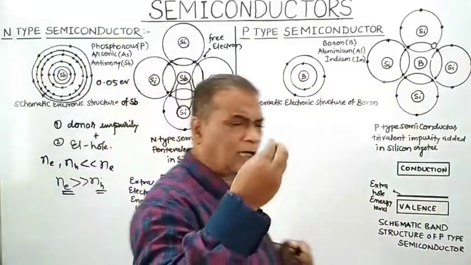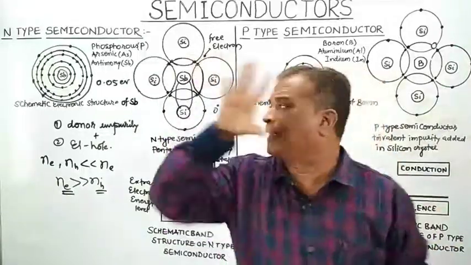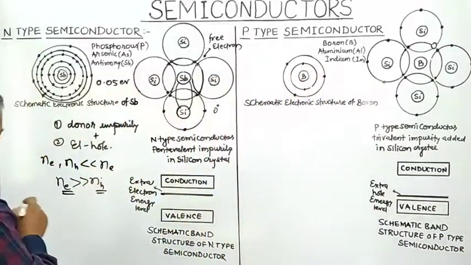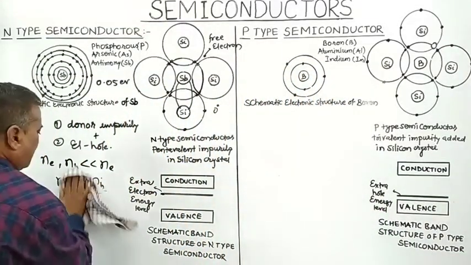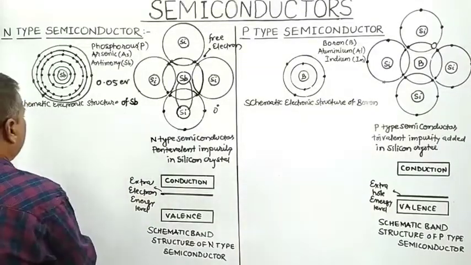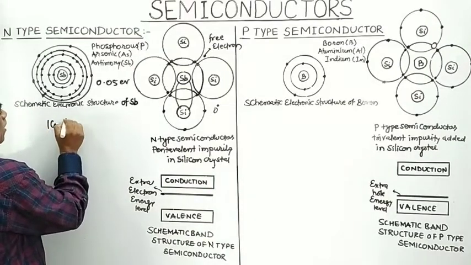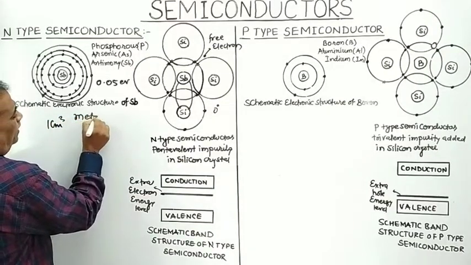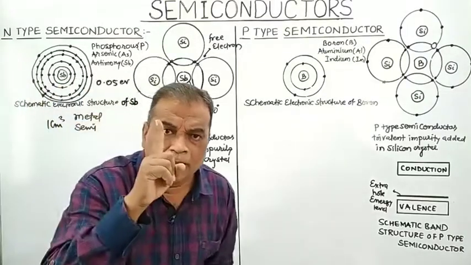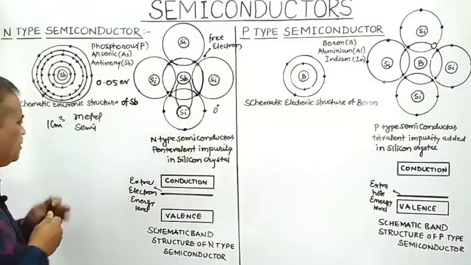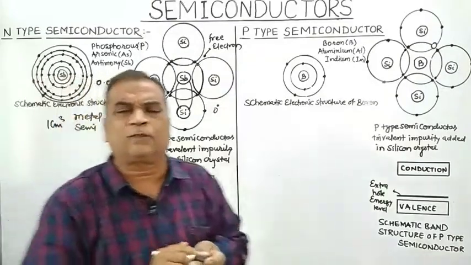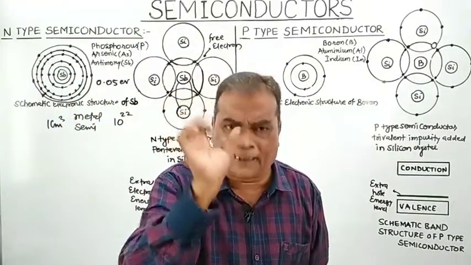Now you may think, what amount of impurity atom must be added to a pure silicon crystal? Remember that whether we have a metal or a semiconductor, if I count how many atoms are present in 1 cubic centimeter of metal or 1 cubic centimeter of semiconductor, they will contain nearly 10 to the power 22 atoms.